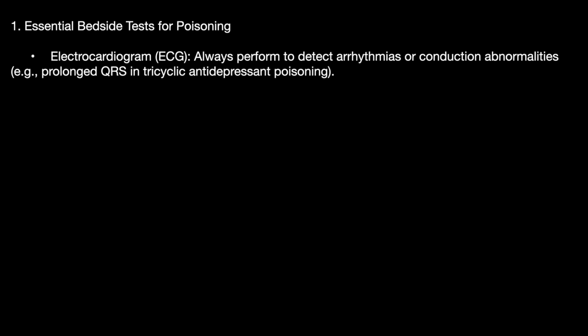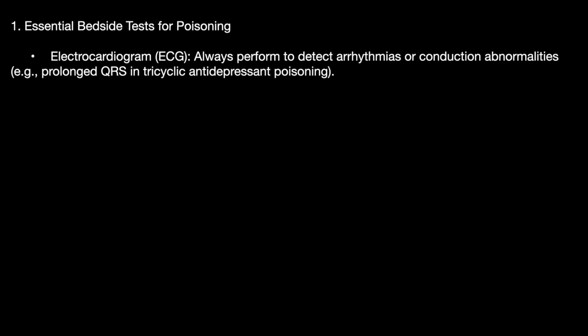So after you have done this physical examination and vital noting, next you go on to the bedside clinical tests, and also we can learn the limitations of the toxidromes. The first test that we need to do is the ECG.